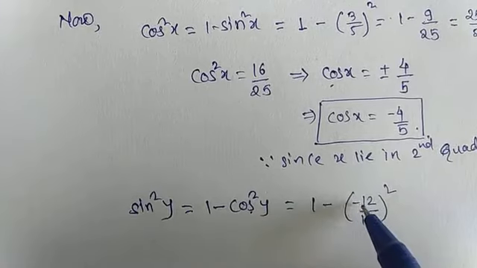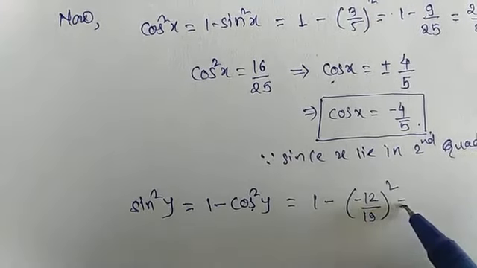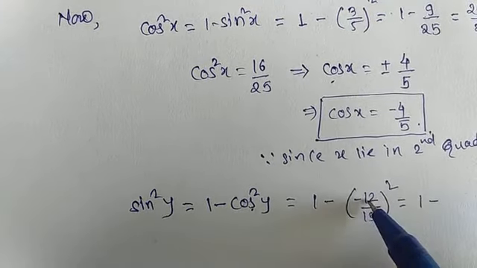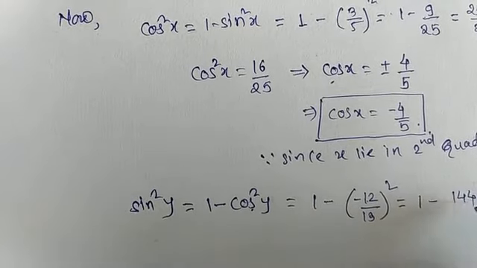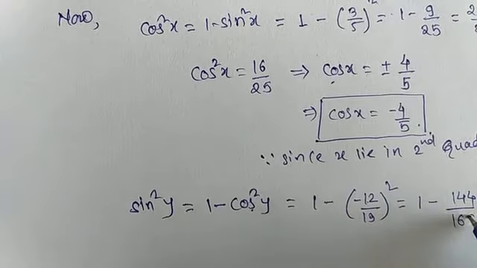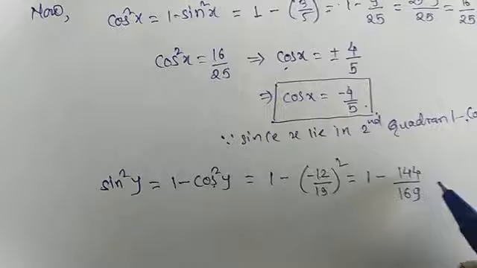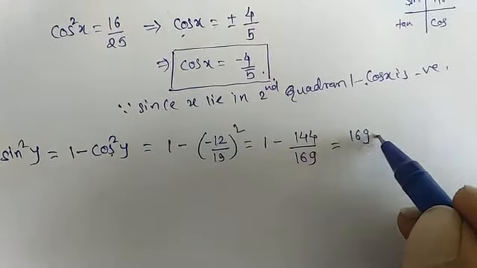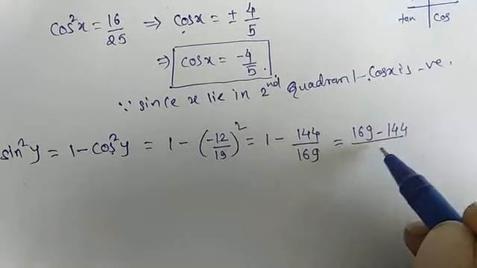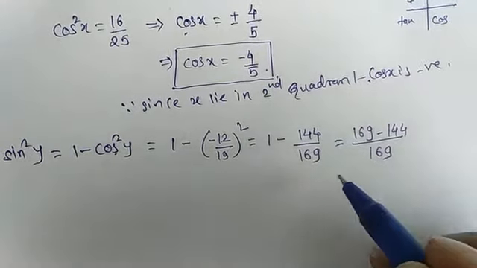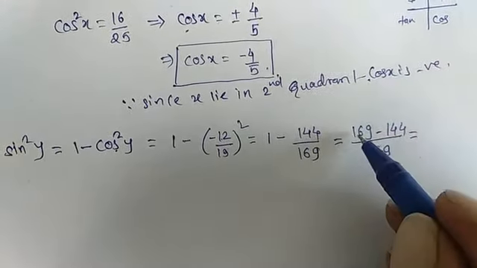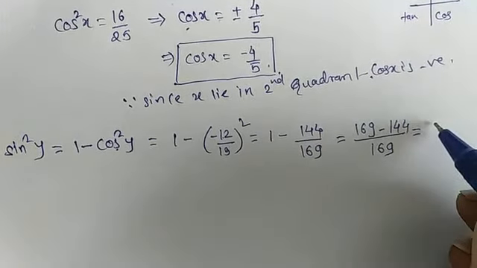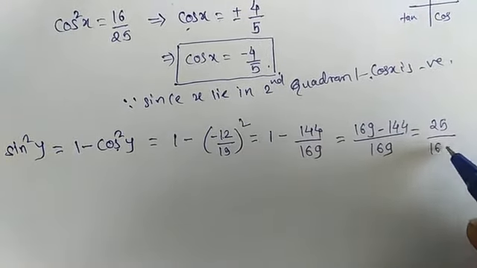You have to write negative in bracket and take its square. So 1 minus its square is 144 upon 169. Okay, negative square is positive. So it will be equal to 169 minus 144 divided by 169, which is equal to 169 minus 144 is 25 upon 169.